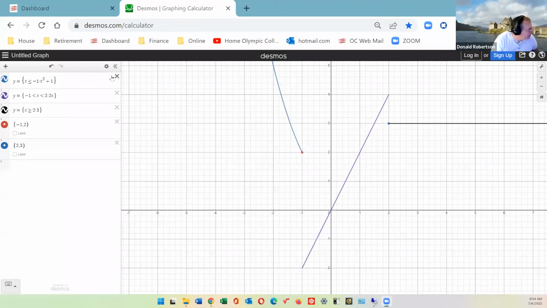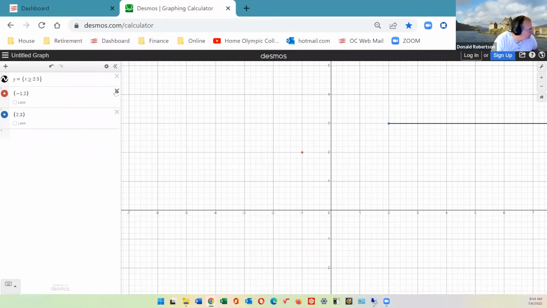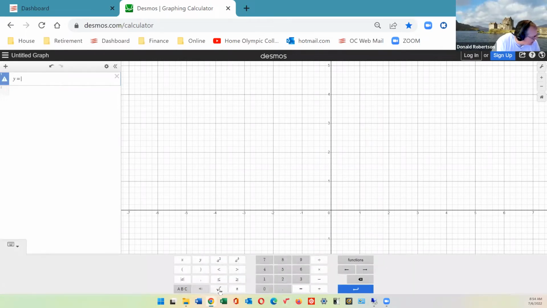Okay, so make all that stuff go away. And we just type it in as we see it. Y equals. Now, you can just go and click this guy and get the square root symbol. Or I believe you can do SQRT for short, and it gets you the square root.